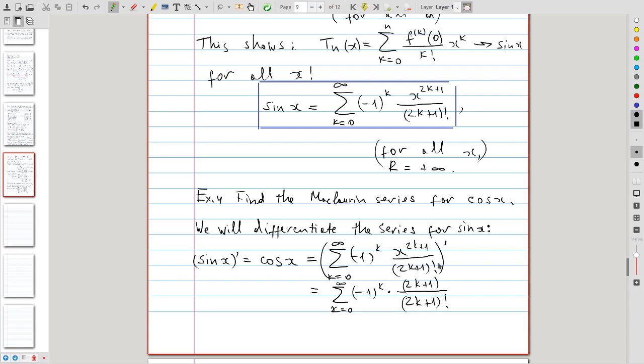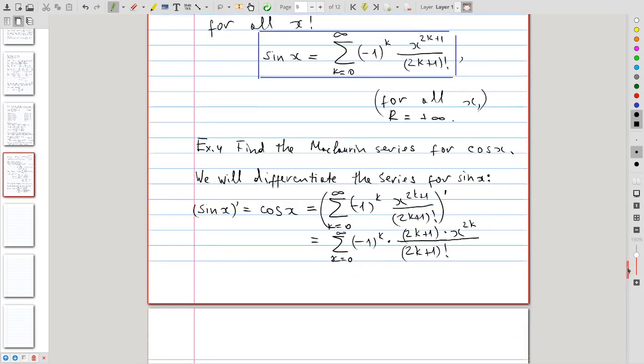So we multiply it by the exponent and lower the power by 1. So this is the derivative of the kth term of the power series for sine x.